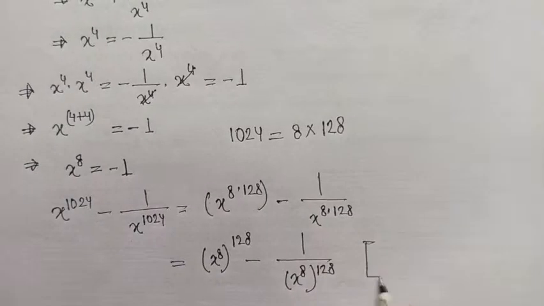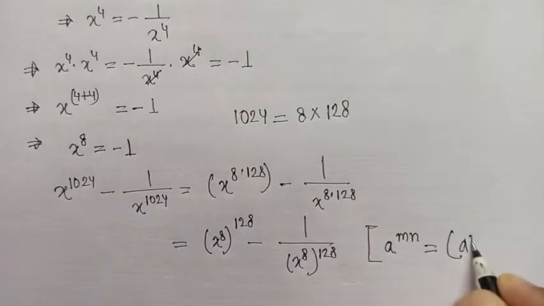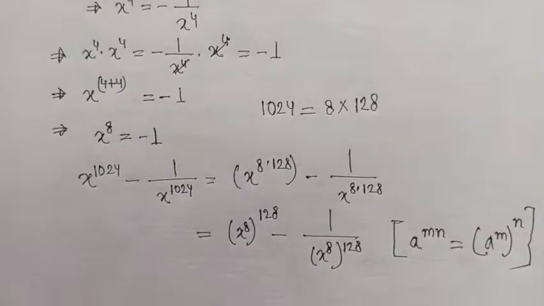As we know the formula, a to the power mn is equal to (a to the power m) to the power n. Now we have the value of x to the power 8 as minus 1.